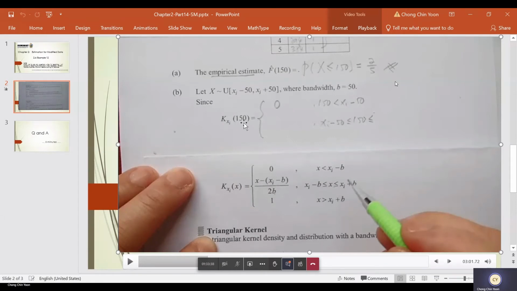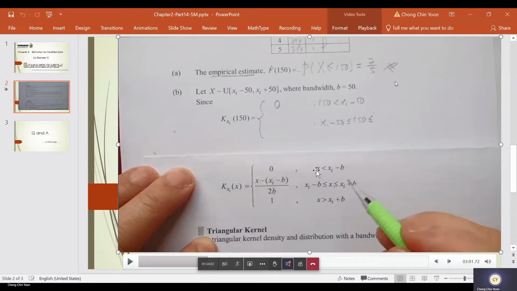The xi is the observation, so you have to substitute all your x values. I try to convert this piecewise function in terms of xi. When I substitute my x as 150 inside here, this piecewise function becomes in terms of xi.